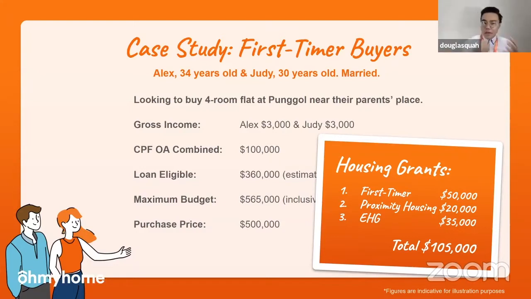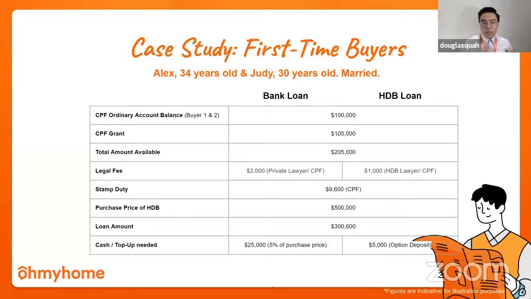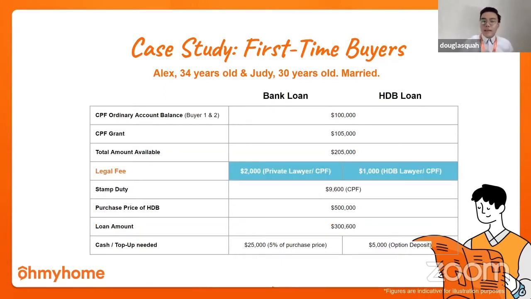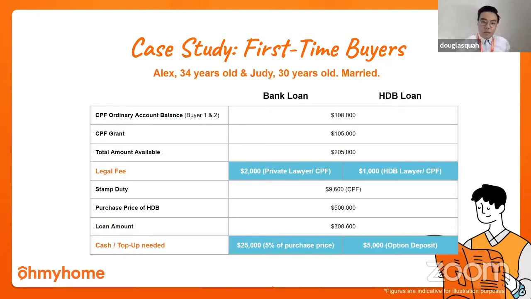All right, so when we compare their financial plan for both bank loan and HDB loan, both loans amount to $300,600. However, the main difference over here we are seeing is the legal fees and the cash upfront. So for bank loans, the legal fees are estimated to be $2,000 and the cash upfront will be 5%, which is $25,000.